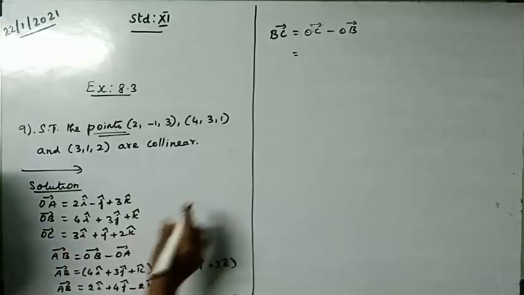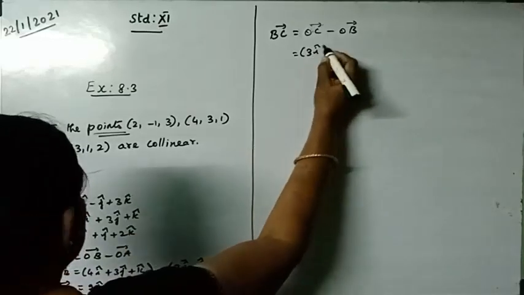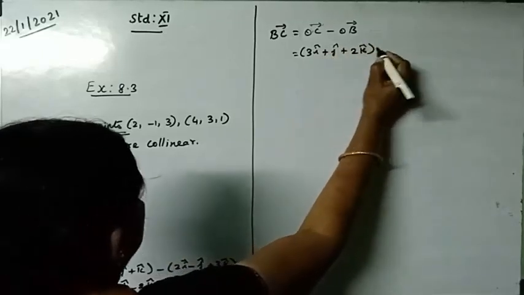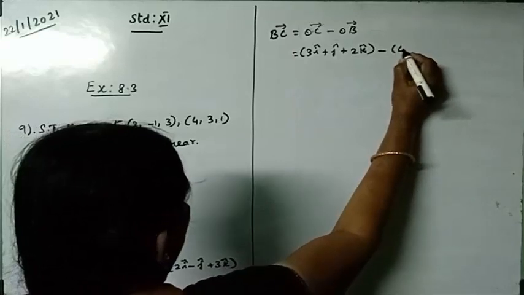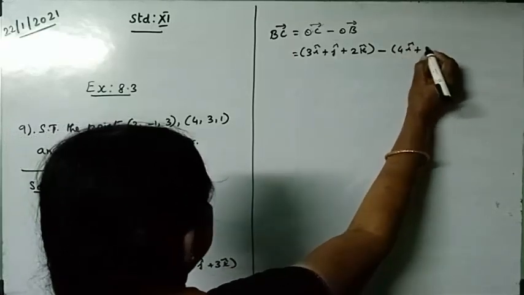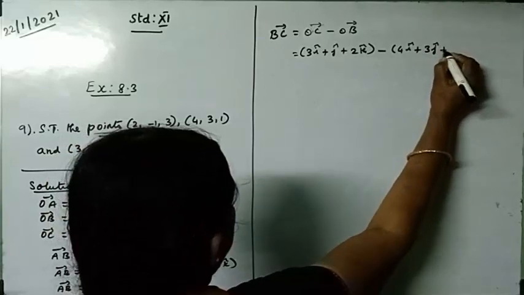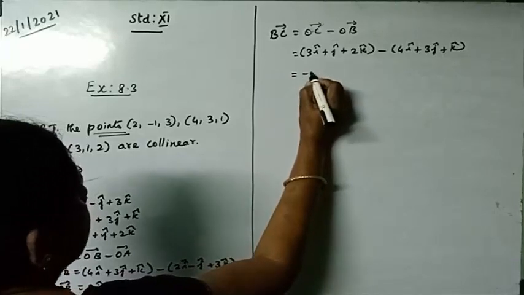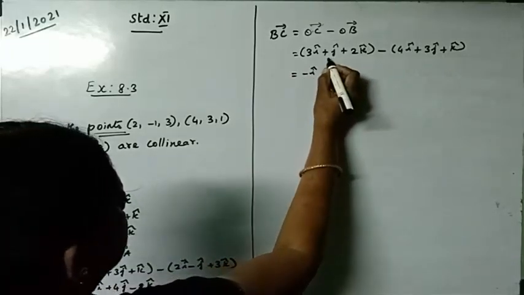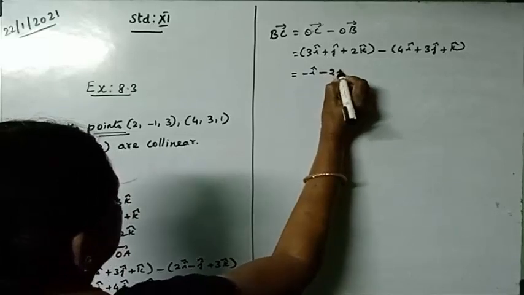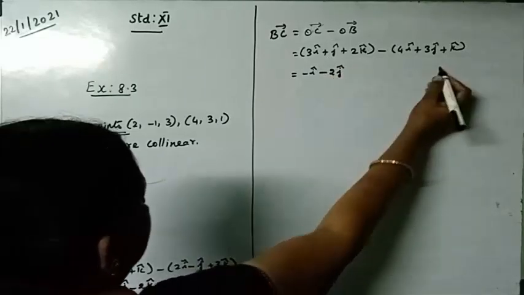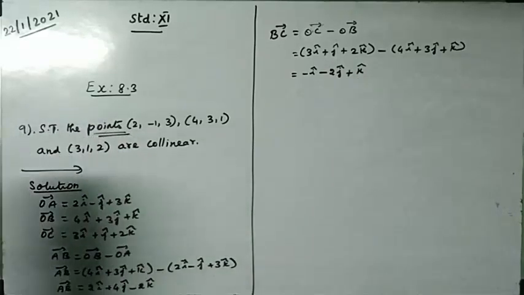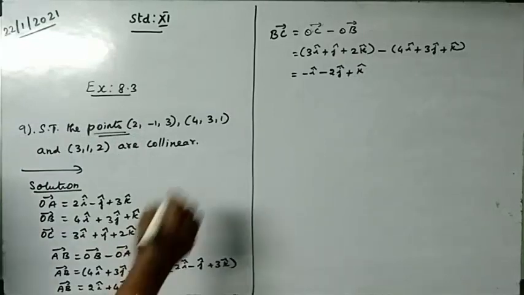OC vector is 3i cap plus j cap plus 2k cap, minus OB vector, 4i cap plus 3j cap plus k cap. So 3 minus 4 is minus i cap, plus 1 minus 3 is minus 2j cap, plus 2 minus 1 is 1, plus k cap. So BC vector is equal to this.